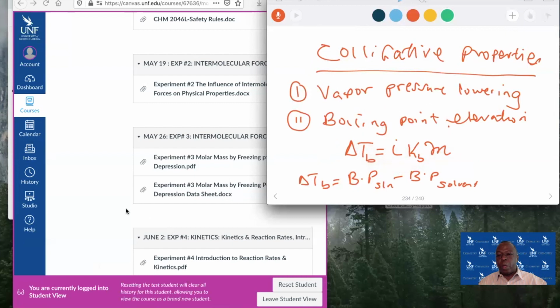The molal boiling point constant will be given for a particular solvent. You will be given the i. This is just like the density equation: if you know one of these, 1, 2, 3, and then 4 here, if you are given 3, you can calculate the fourth one.